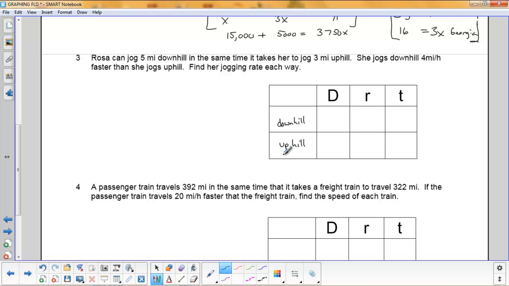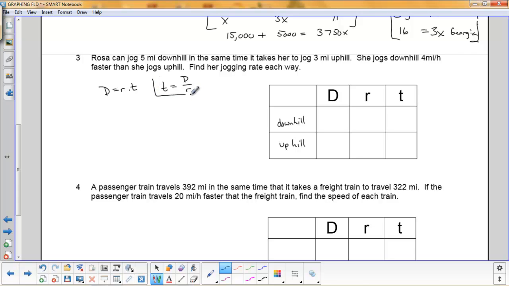So what we're looking at here is solving this problem for time. So if distance equals rate times time, that means that time equals distance divided by rate.